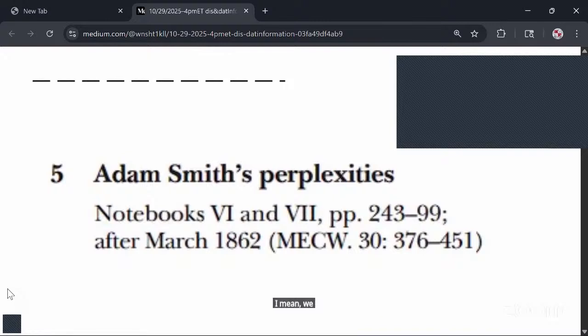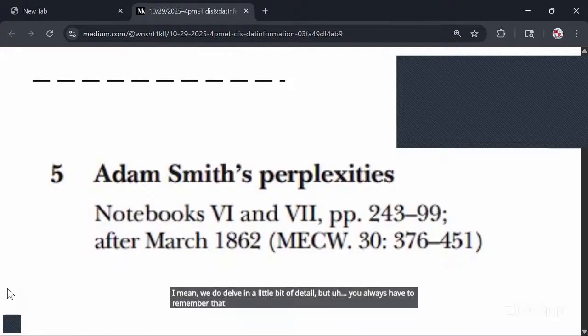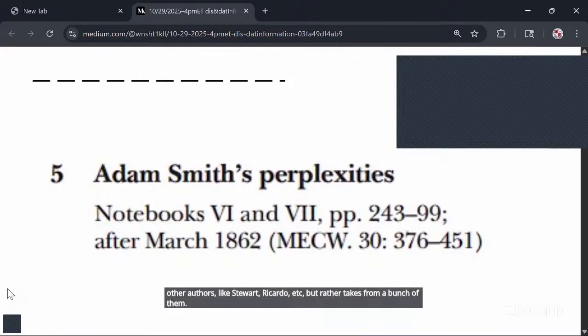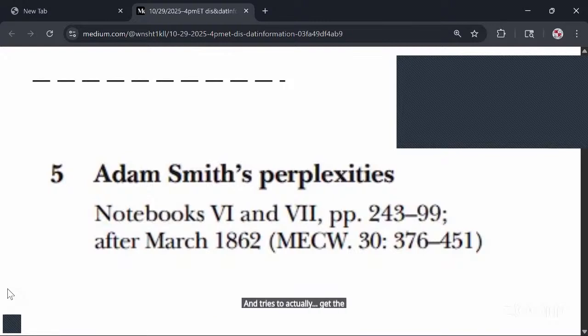I mean, we do delve in a little bit of detail, but you always have to remember that what Marx is trying to do is to put a kind of framework around this kind of activity that is obviously not identical to other authors like Stewart, Ricardo, etc., but rather takes from a bunch of them and tries to actually get the language to sort of work amongst them. And of course, Marx jettisons some of those elements.